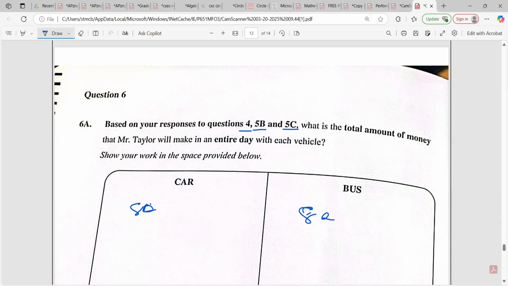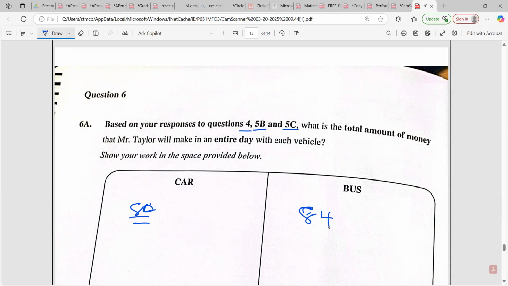Alright, but we have to have a breakdown. So a total of 80 passengers, but the teachers, I'm trying to remember. Let me just go back up to be sure. I think it was 84 for the bus. Yeah, the bus is actually 84.